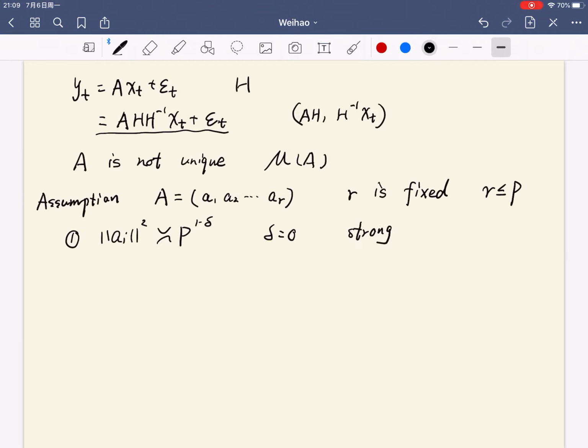The rate of convergence, as we will see later, in this case is independent of the dimension p. When delta lies between 0 and 1, we state that the factor is a weak factor. Also, we assume that all r factors A_1 to A_r are of equal strength, which is given by the following assumption.